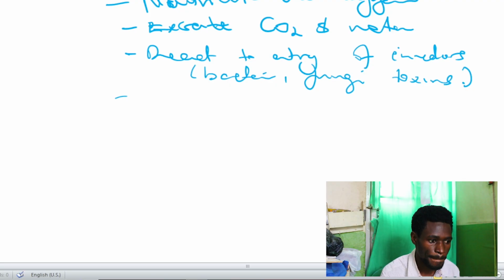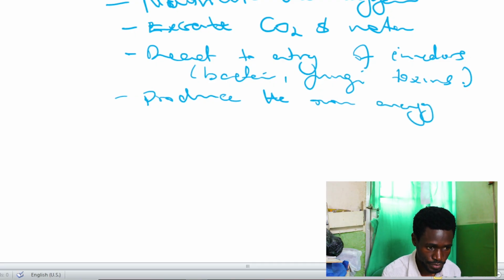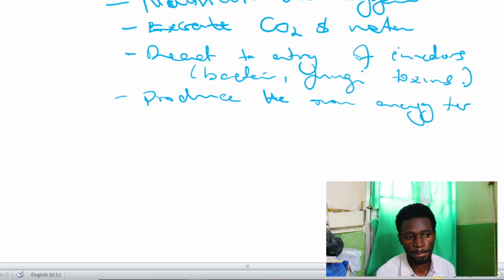As a general characteristic, cells also produce their own energy for growth, repair, and other activities of the cell.